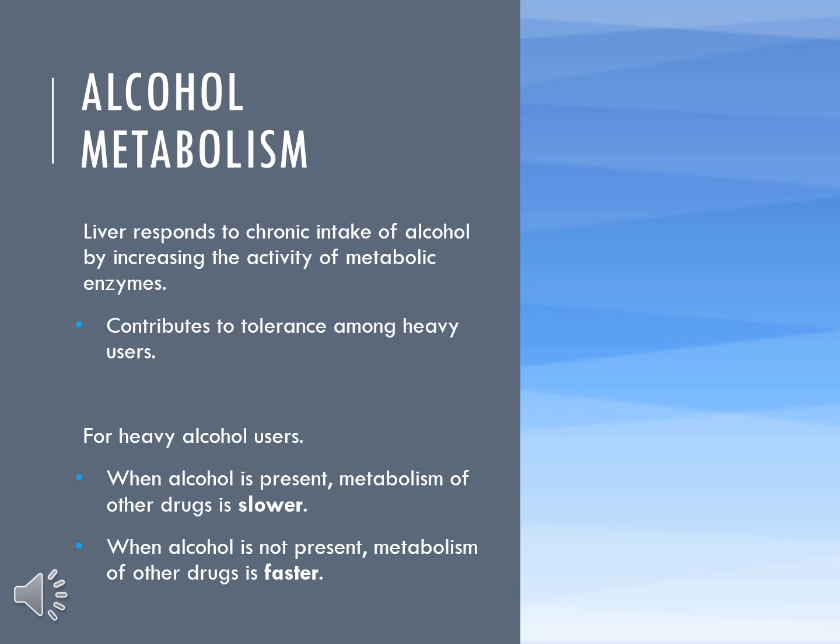The enzyme alcohol dehydrogenase converts alcohol to acetaldehyde, and then acetaldehyde is converted fairly rapidly by the aldehyde dehydrogenase to acetic acid. Exercise, coffee consumption, and so on have no effect on this enzyme.